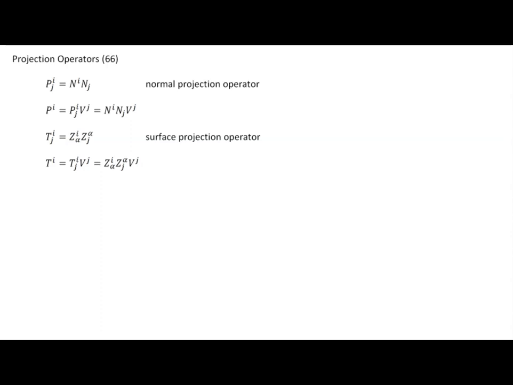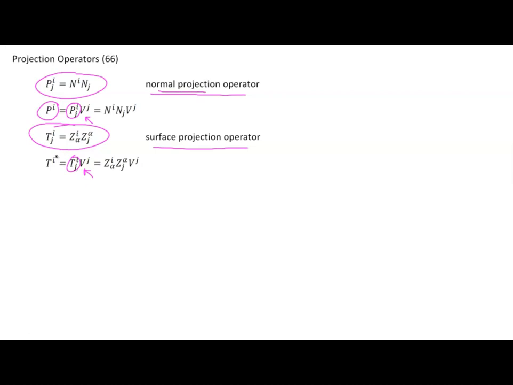What we did in this video was to define two new objects called operators. We defined the normal projection operator this way and the surface projection operator this way. Now both of these operators function the same way. They are operators that we apply to our vector components Vj like this, and the results that they give are, first of all, for the normal projection operator, we'll get the vector components of the normal projection here.